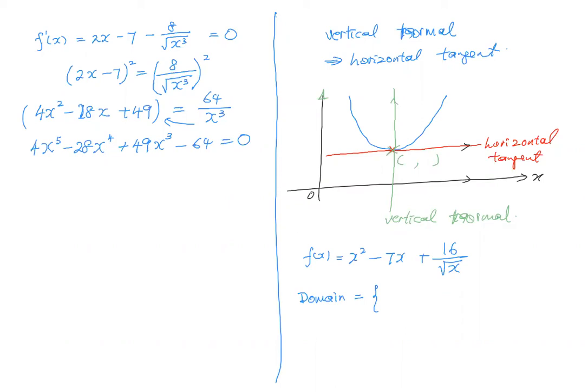Correct. x is a member of real numbers, and how do you know that x must be more than 0, Jen Hao? Because if you substitute 0 or values less than 0 into root x, you will get no solution.